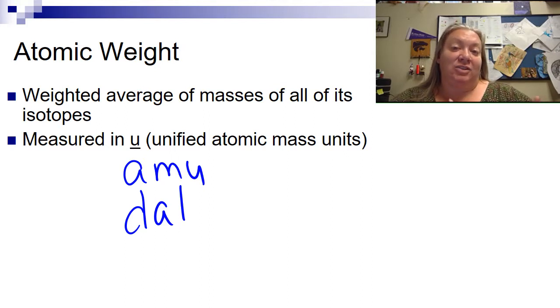So what you'd have to do is add 6 foot plus 6 foot plus 6 foot, and so on, plus that 5 foot student, and then divide that answer by 10. So your answer would be closer to 6 foot than it would to 5 foot. So you have to remember to take into account the distribution or the percentages of those different isotopes.